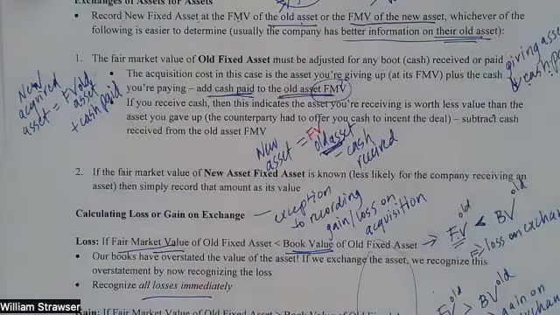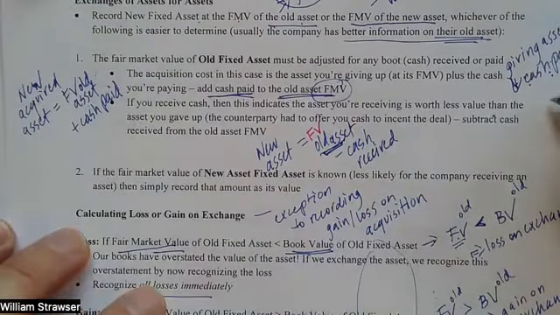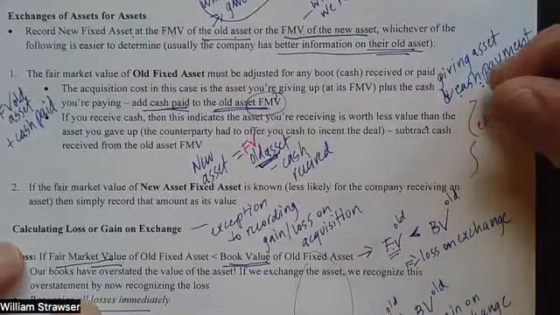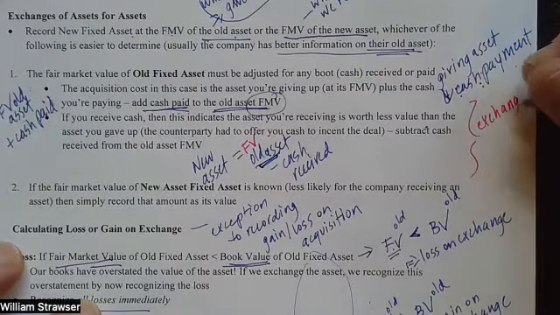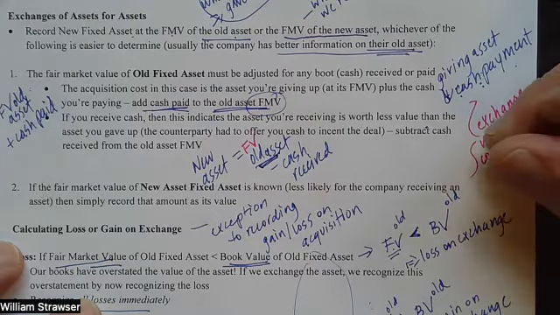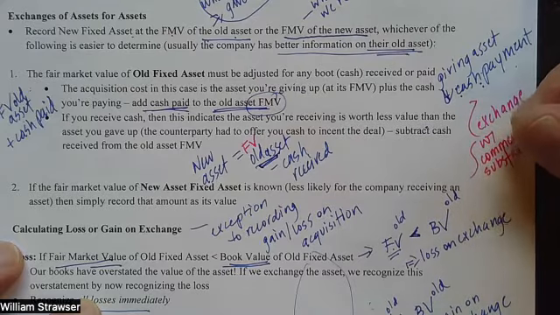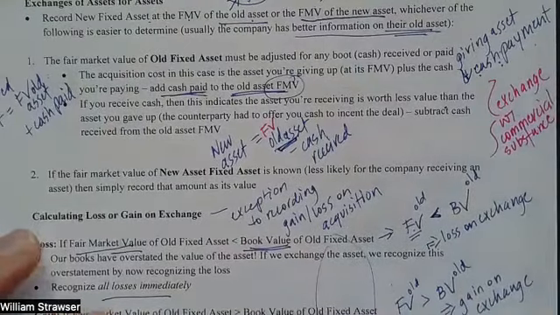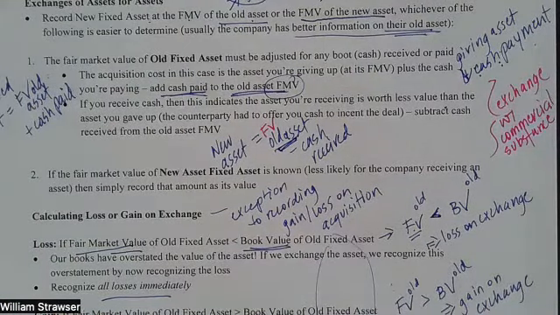And we use the fair value when we are recording an exchange with commercial substance. I talked about that briefly the other day: commercial substance indicates that this exchange is going to change the cash flows of the company through this new asset we've acquired, i.e. this asset is of better quality in some way.